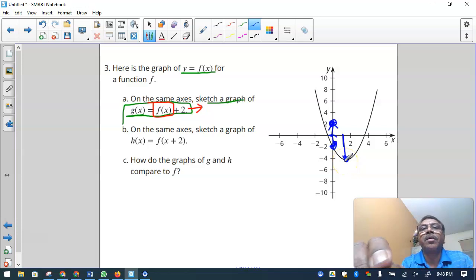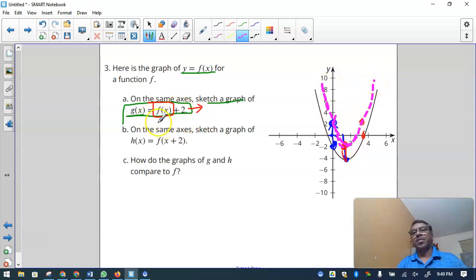That point will move two places up, so this will go just somewhere here. And this point will go two places up, from here to here. So your new graph will be something like this. That will be the graph for the A part. So you're supposed to sketch this.